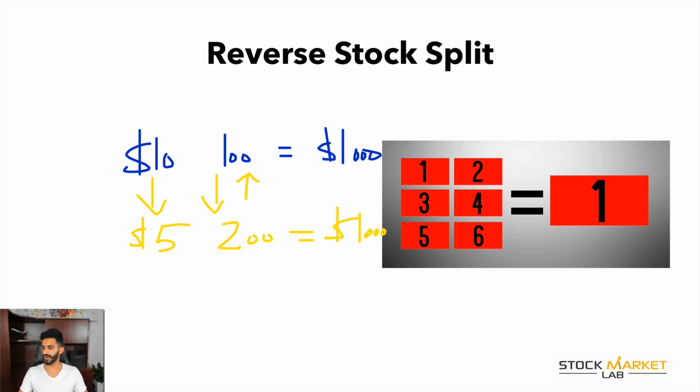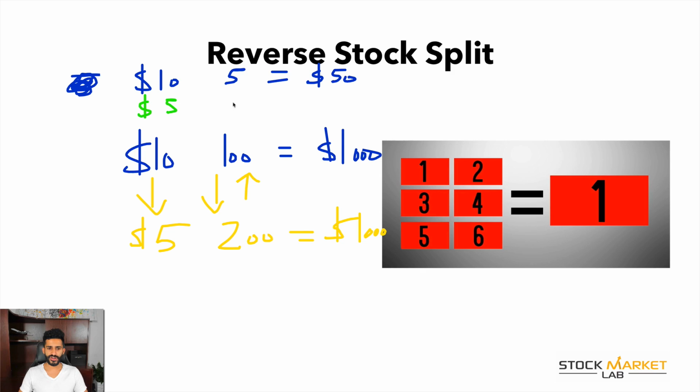Now, let's say you were originally holding 5 shares at $10, right? So if you were holding 5 shares at $10, that means you were holding $50 worth of this stock. Now, the stock split happens. You wake up one day and you're like, oh man, I didn't know. What happens now? So what tends to happen is if this goes to 5, right, your quantity goes up, right?